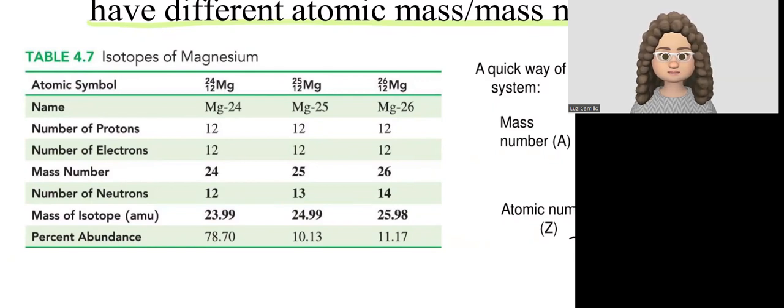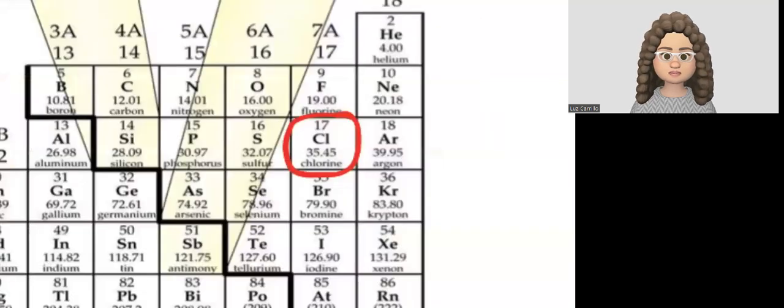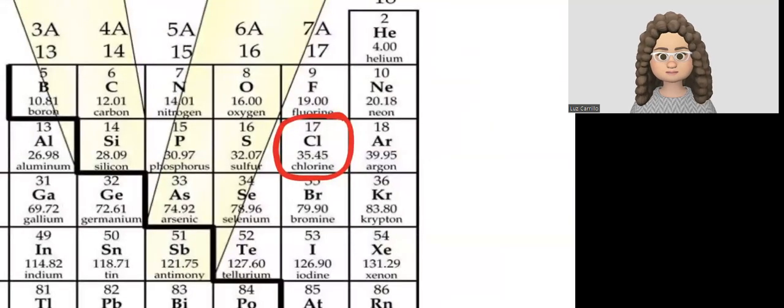Moreover, even though we're not going to explore it in this class, the concept of isotopes is utilized to calculate the atomic mass of an element. When we look at the periodic table, the values that we see for the atomic mass of the elements are actually a weighted average of the mass of all the isotopes that exist for a particular element.